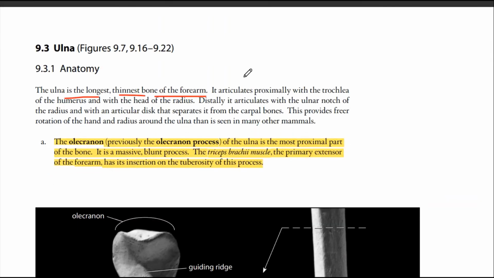It articulates proximally with the trochlea of the humerus. Okay, refer back to where the trochlea was. It was in the distal end on the ulnar side with the head of the radius. So both ways it articulates.